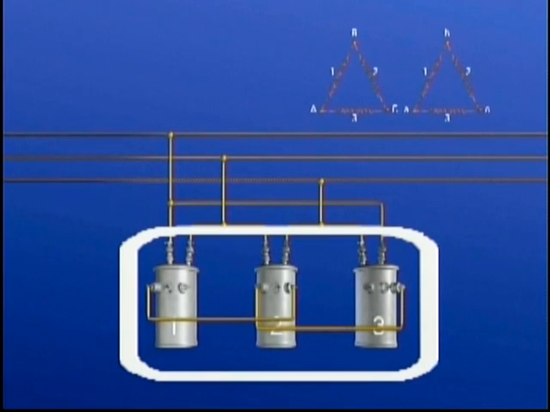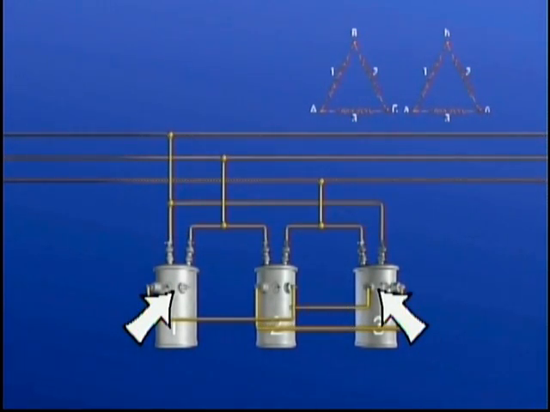In our example, this connection is made by installing a jumper between the X3 bushing of transformer number 3 and the X1 bushing of transformer number 1. When all of the connections are made, each end of a secondary winding is connected to the ends of the other secondary windings.